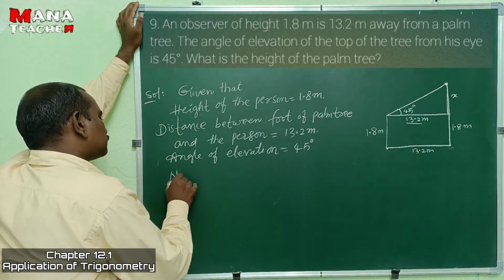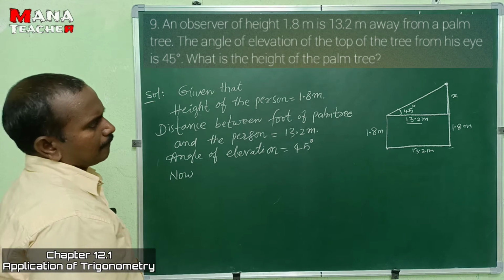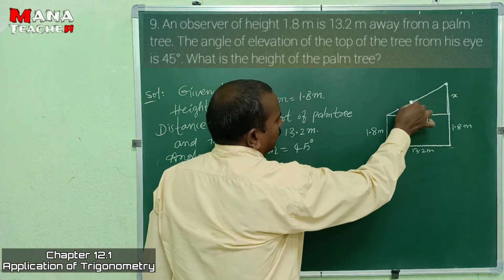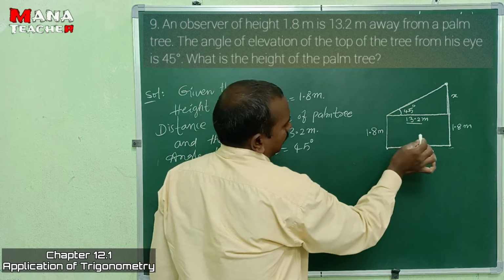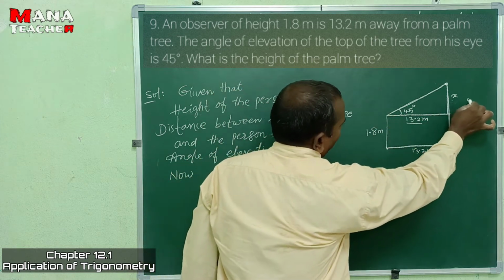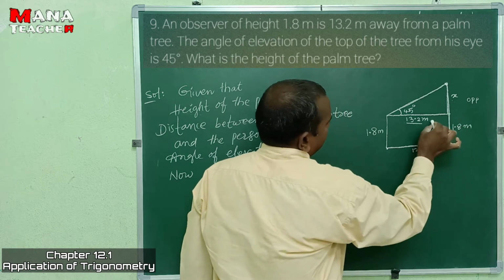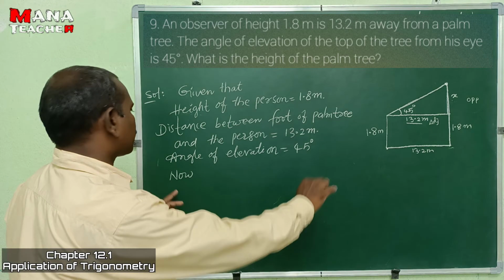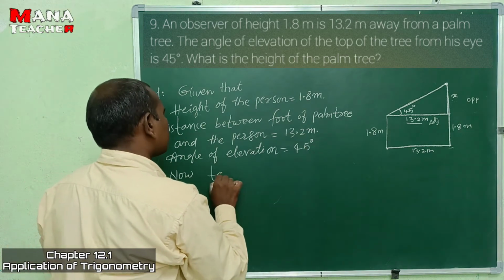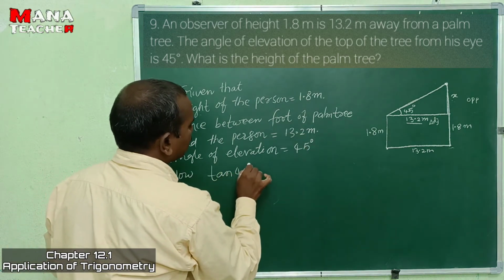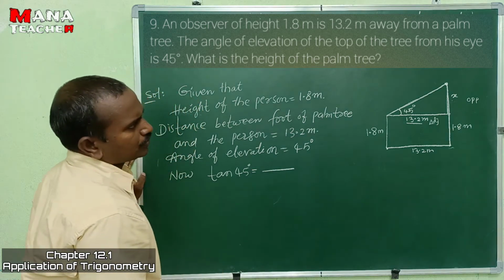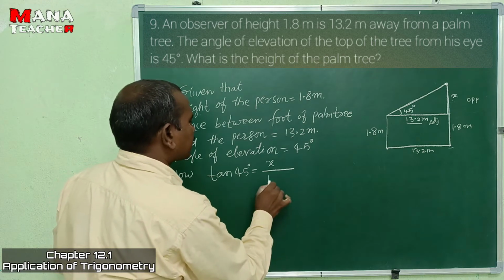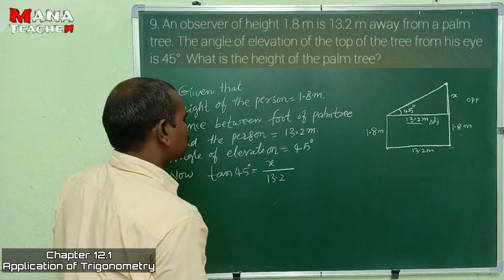Now you observe here, this is the 45 degrees angle, this is the opposite side of the angle, this is the adjacent side of the angle. Now take the tan ratio. Tan 45 degrees equals opposite side x by adjacent 13.2.